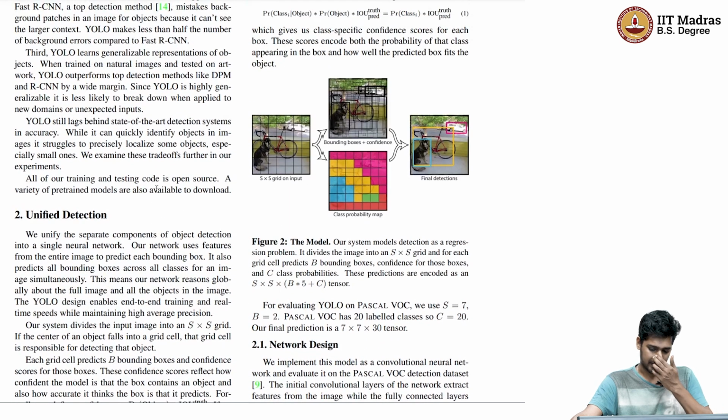So what ideally happens is you have a network, and you divide the image into a bunch of grids. You have S being the size of the grid, and then you state the number of boxes you want out of each cell. Over here it's 2, and then the C stands for classes. Basically we have 20. We are using the same Pascal VOC that was mentioned in the paper.